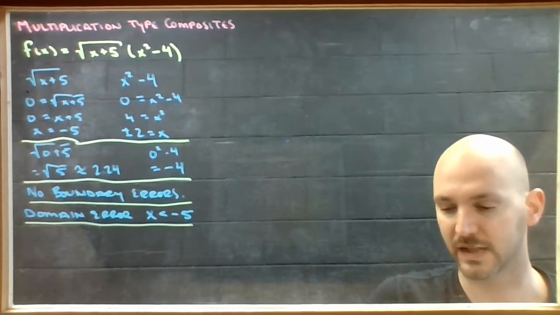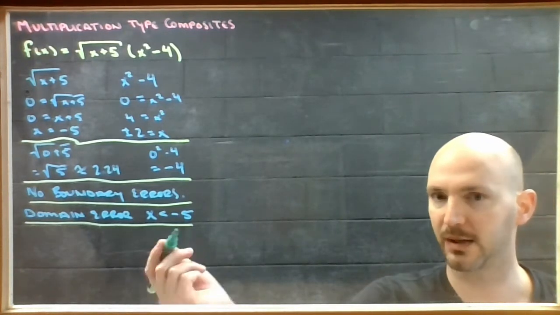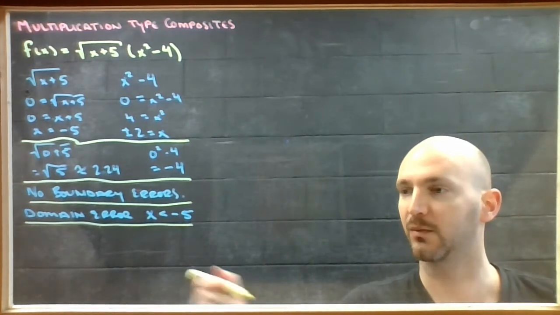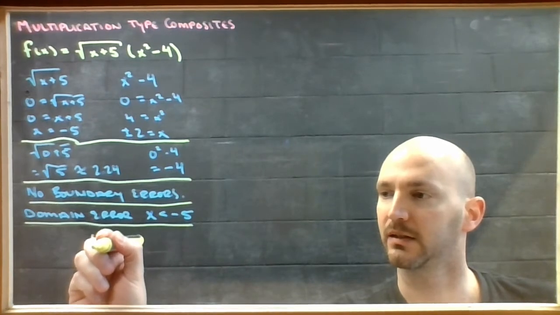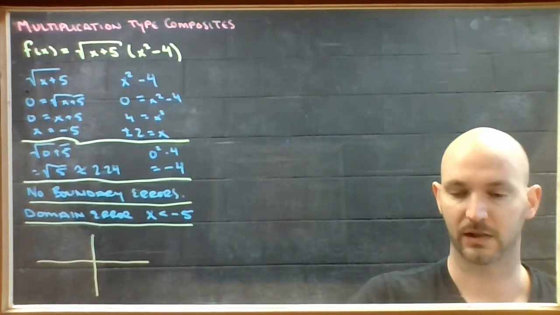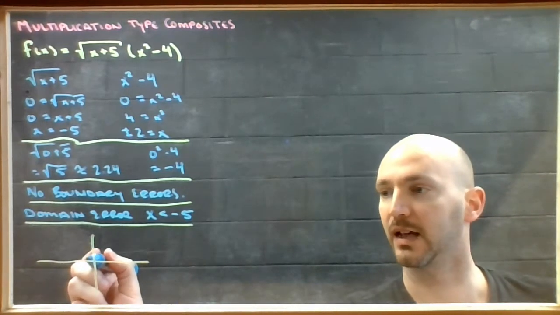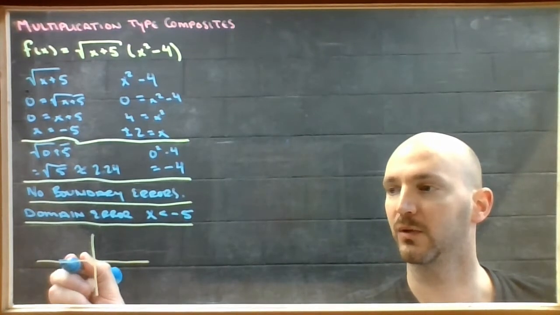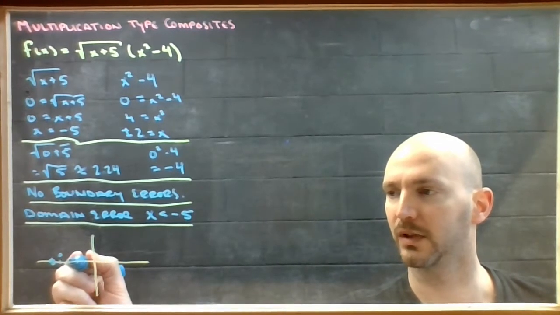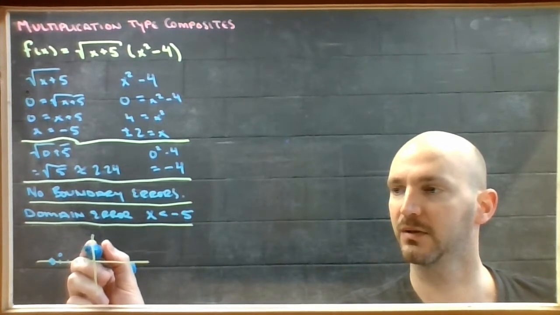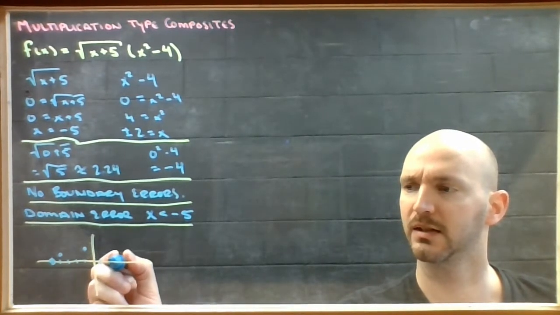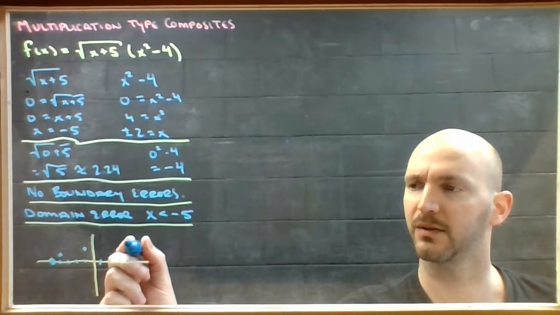All right, and the next part says sketch the two pieces on a grid. So I'm just going to do a very rough sketch so that you can see approximately what they look like. All right, so that radical piece, 1, 2, 3, 4, 5, starts there, and then over 1, up 1, over 4 would be up 2, over 9 would be up 3.